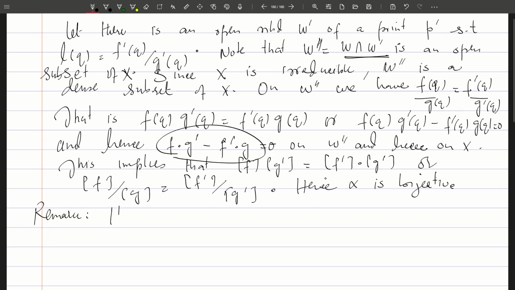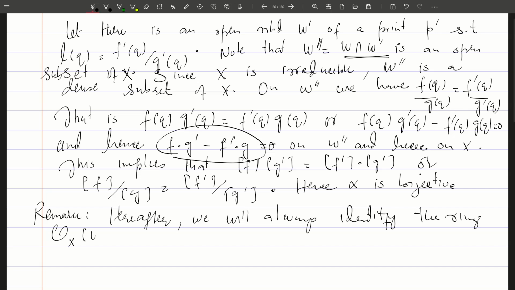Hereafter we will always identify the ring O sub X of U with the ring of functions from U to K.